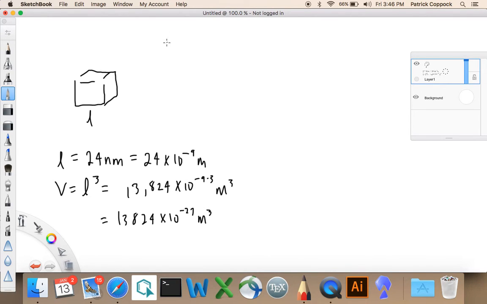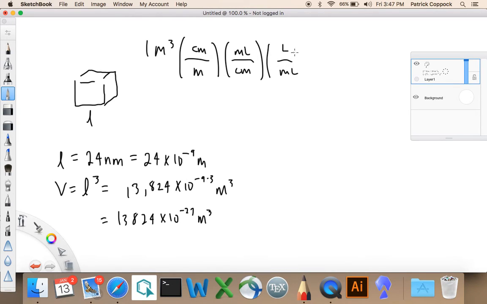Okay, I did a conversion in a previous video on cubic meters to liters, but I'm going to do it again here. So let's say 1 cubic meter, and what I did was I said meters to centimeters because I know centimeters to mils. That's the reason I'm doing it like this, and I know mils to liters, and that's going to give me liters, right? So let's say there's 100 centimeters.